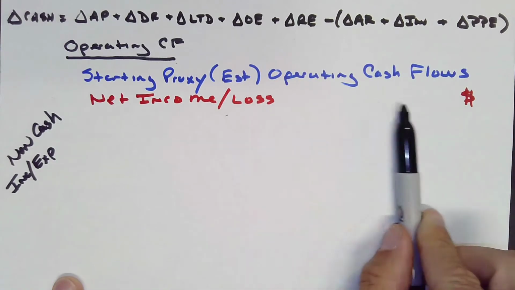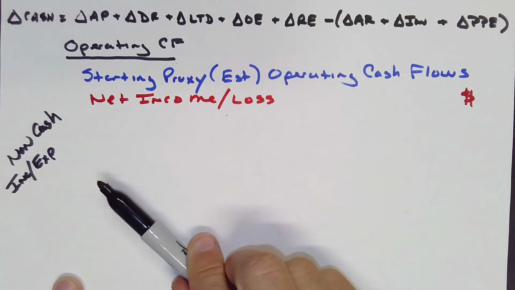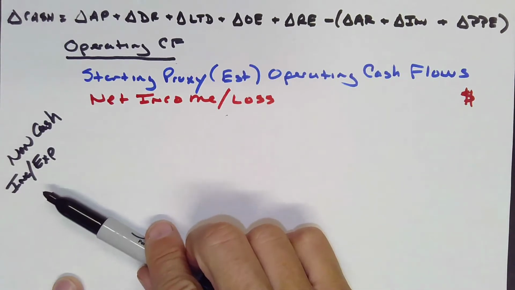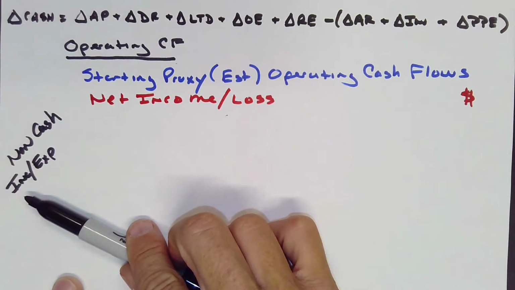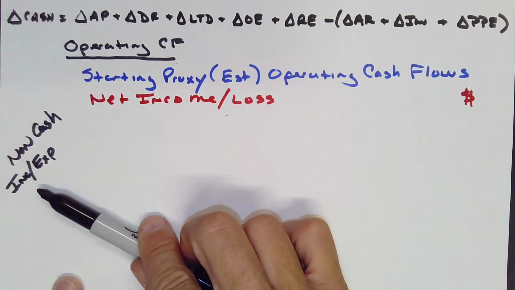There's no cash involved. Or if there is, the income or expense is already taken care of. The cash related to that is already taken care of in investing cash flows or in financing cash flows.